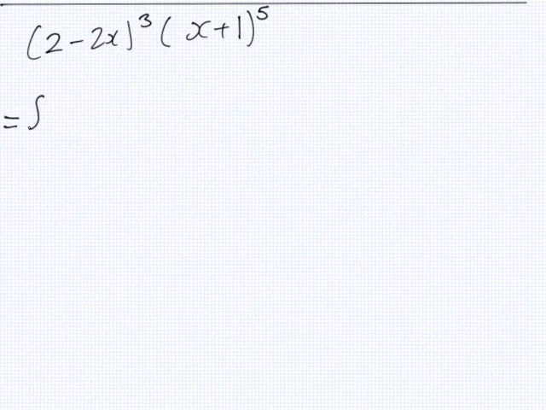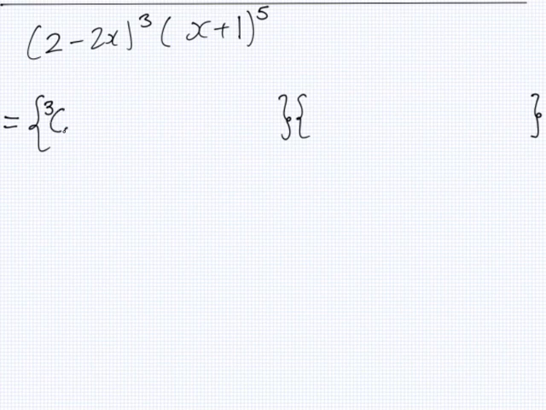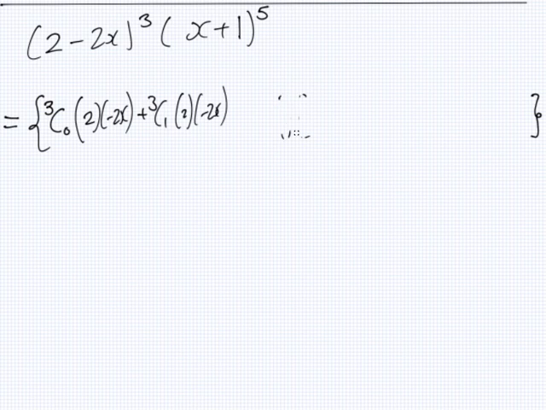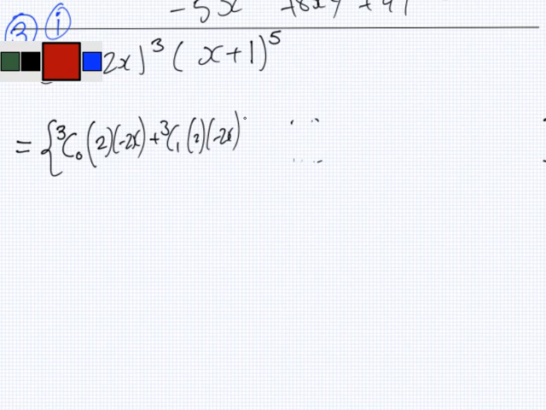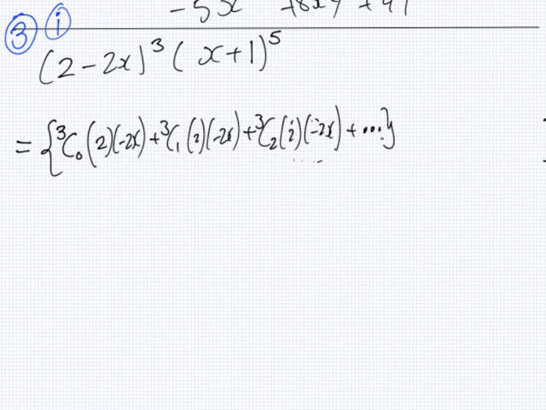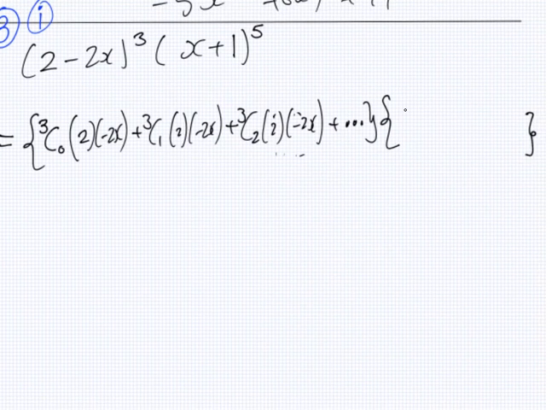So here we want to expand. So let me make it like this. So first we have 3c0 2 minus 2x plus 3c1 2 minus 2x plus 3c2 2 minus 2x, dot dot dot, multiplied by, now I need to zoom out again, 5c0 x to the 1.